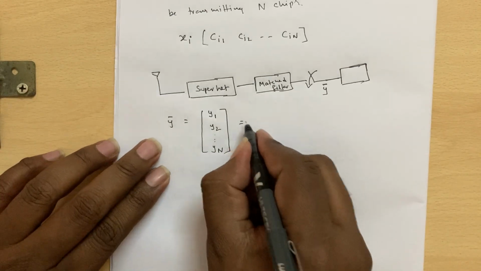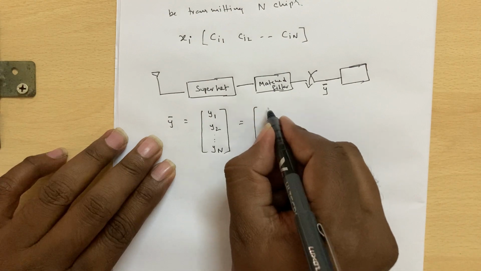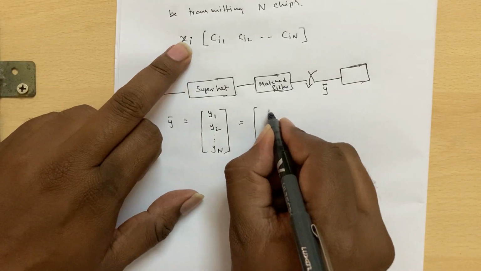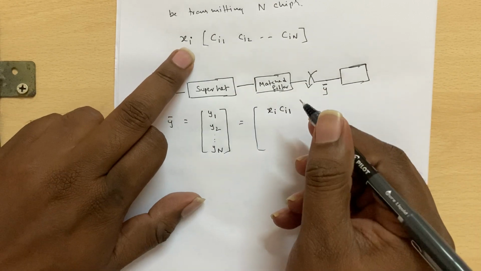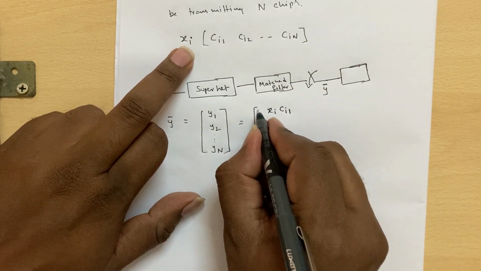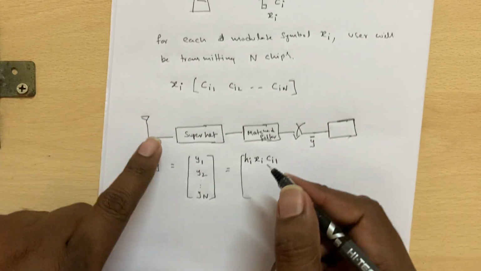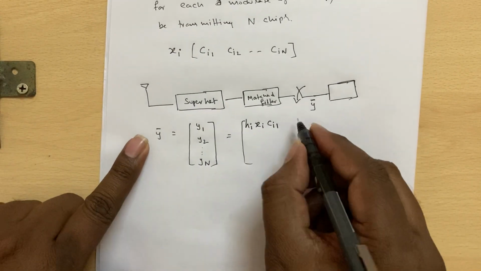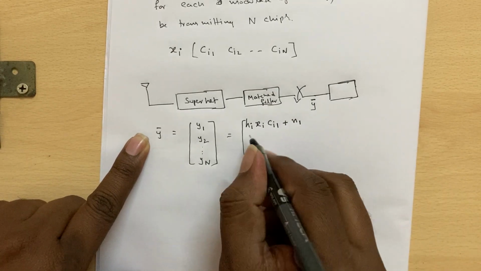What is y1? During the first chip, y1 is nothing but the transmitted symbol Xi times Ci1, and the channel coefficient is Hi. So the channel coefficient between the user and the base station is Hi only, plus the noise sample, that is N1.